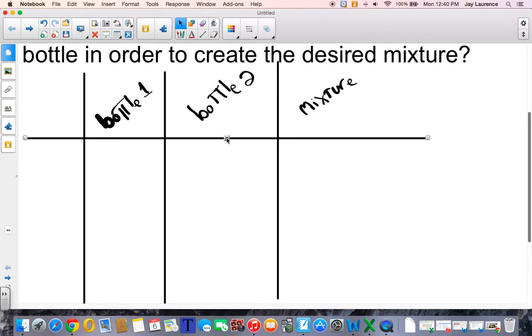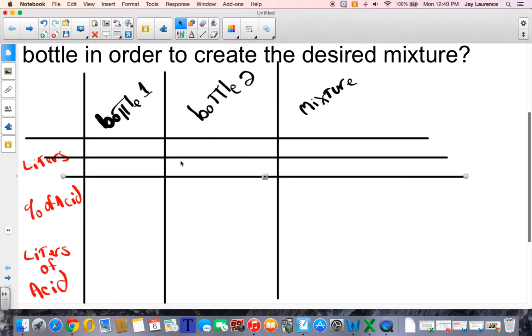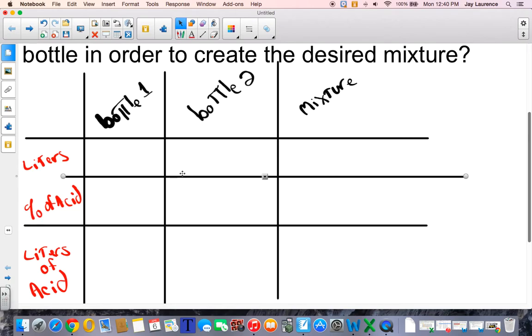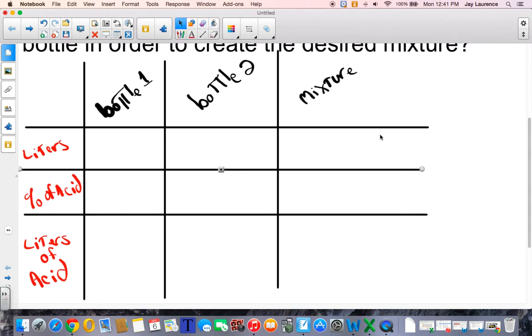First of all, we're going to care about the liters from each bottle, and then the percentage of acid, and then the liters of acid. Something like this. So I can fill out my table now.